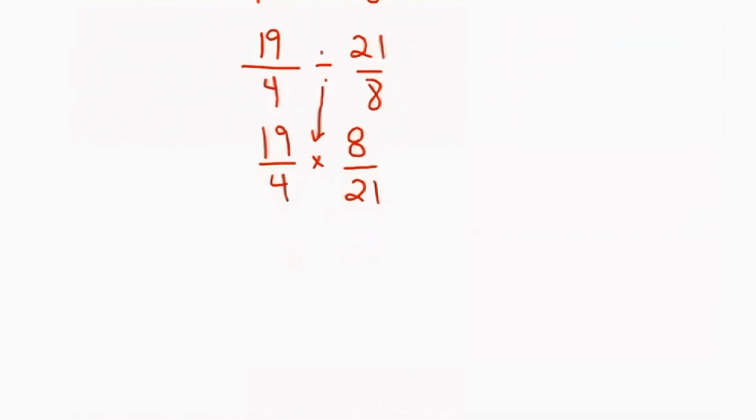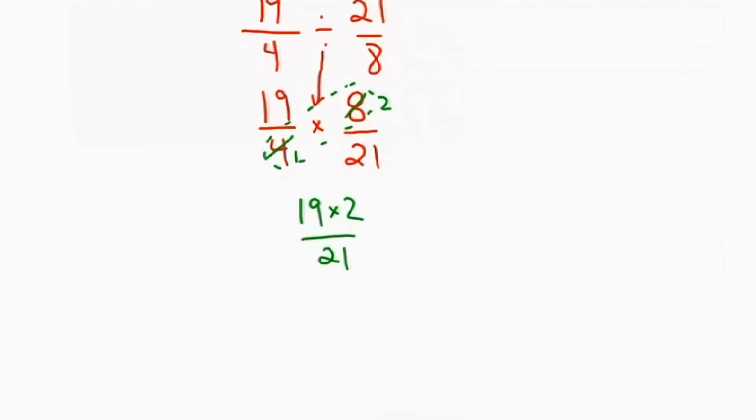Now, if you remember, in some past videos, what we did was we reduced at this point to make it easy. 19 can't be touched. That's a prime number, but 4 goes into 4 once, and 4 goes into 8 two times. And so we end up with 19 times 2 over 21, which is 38 over 21.